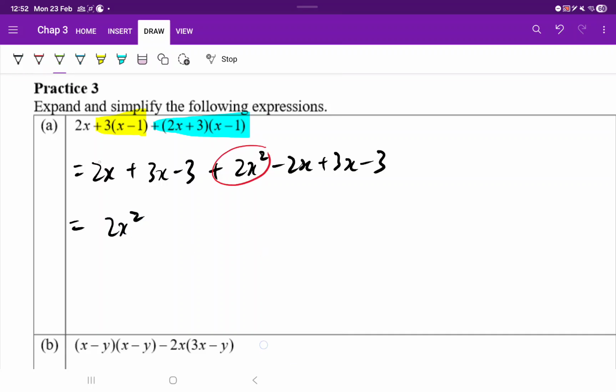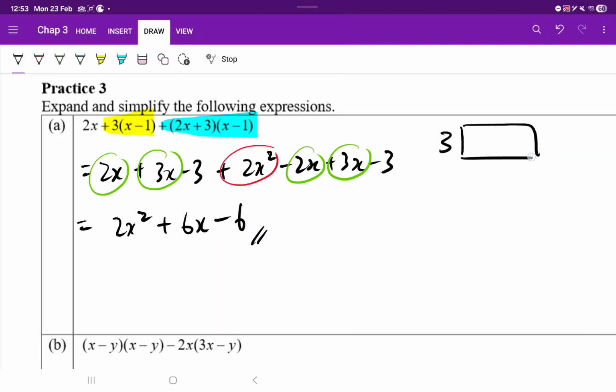Now we collect all the x's. 2 plus 3, 5, minus 2, 3 again, plus 3 again, so it becomes 6. Then finally the 3 and the minus 3 and the minus 3. Expand and simplify. So we are done. If you need the rectangles, I draw at the side for you.